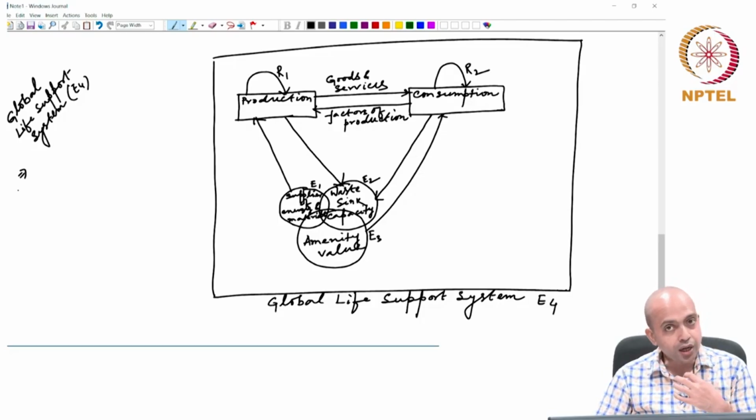For our living, we also need a proper climatic condition, temperature. If the temperature is too low or too high, then human beings and all other creatures cannot survive.